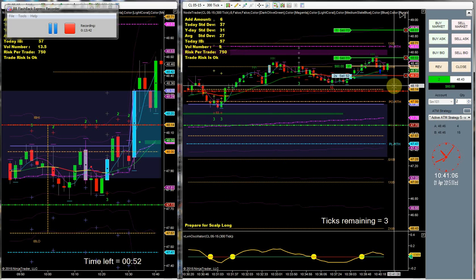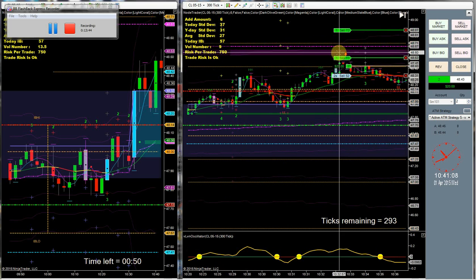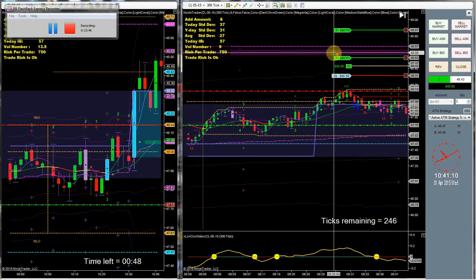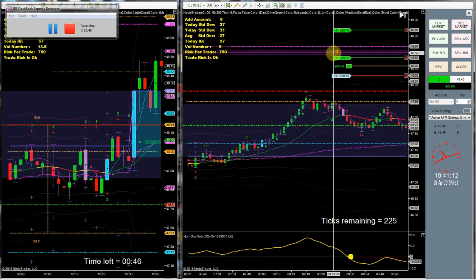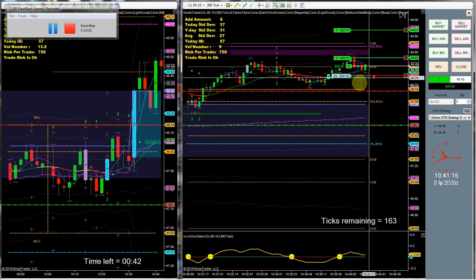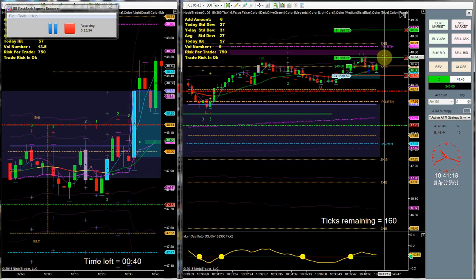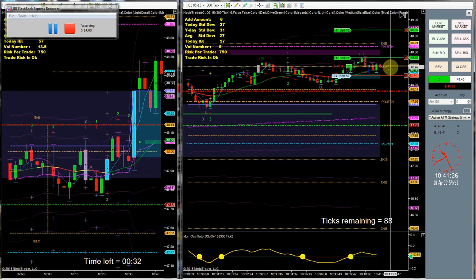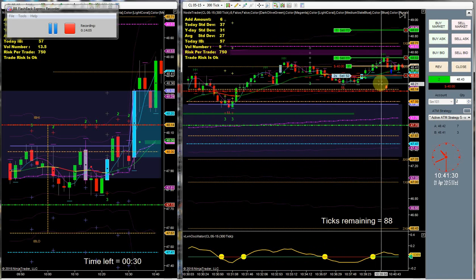We do have this zone right above us here. It's pretty far back, but we'll be taking profit right before we hit that level right here. So hopefully it will get back up there. But if not, we'll try it at this level here.